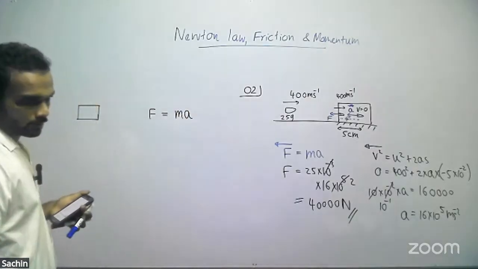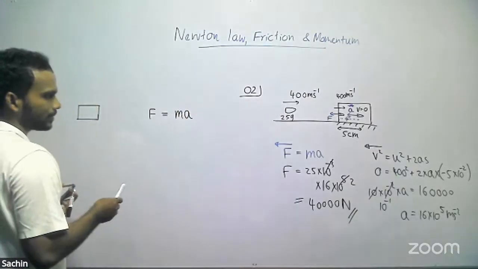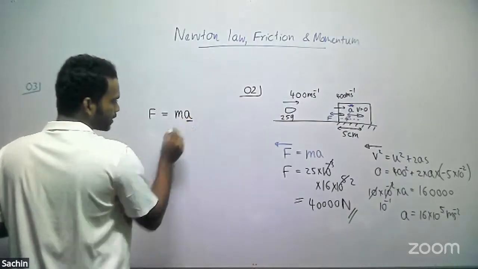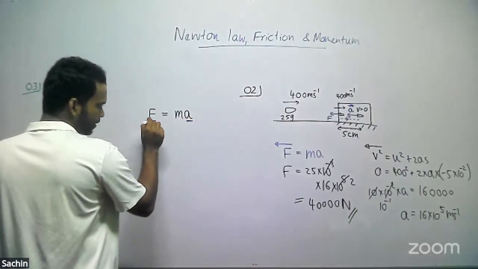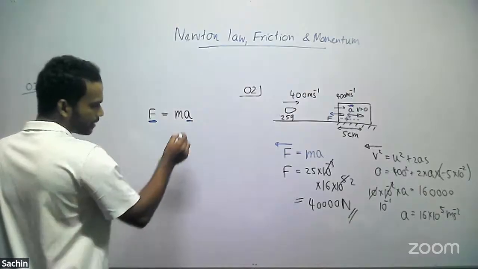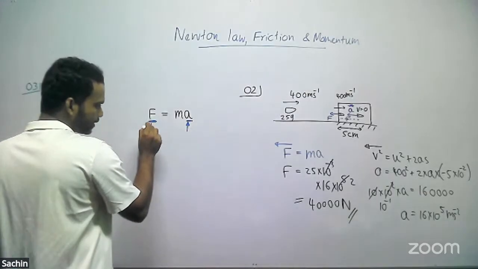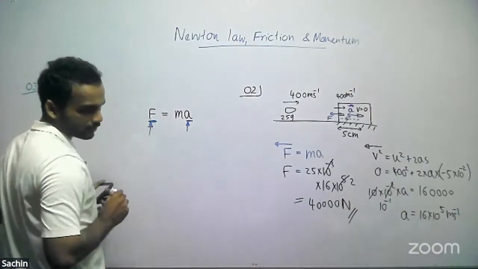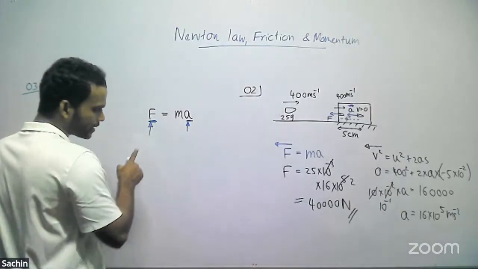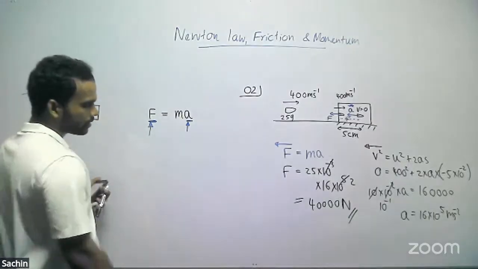According to Newton's second law, if an object has some acceleration, that's because it has some resultant force. This object gets some acceleration because it has some unbalanced force.